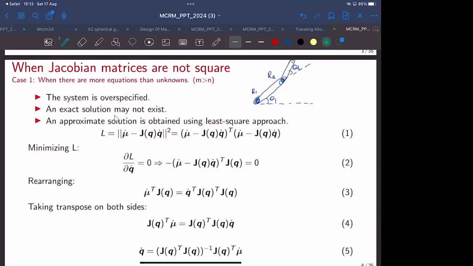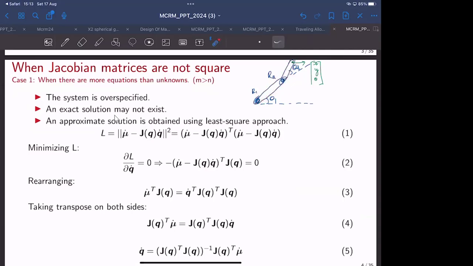And for example, consider you want to control 3 degrees of freedom for this end effector, maybe x, y, and theta. You may want to control 2 positions and 1 orientation using a 2R manipulator.